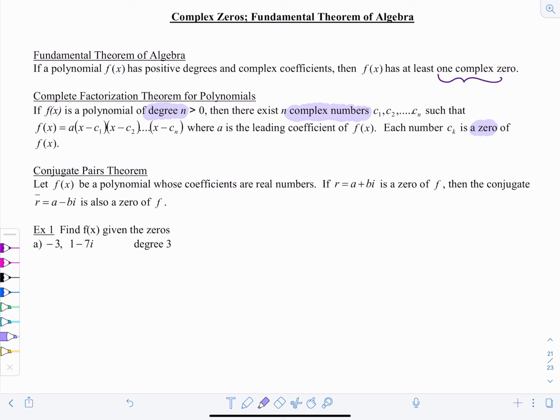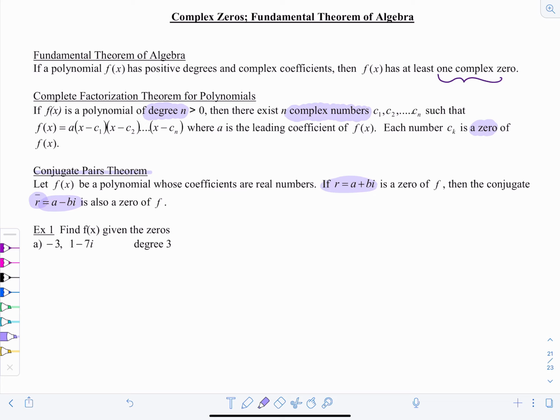And lastly, the conjugate pairs theorem, which I touched on a little bit in the previous video when we were looking at Descartes' rule of signs. Basically, if f of x is a polynomial and you know that you have this complex root or zero, a plus bi, then also its complex conjugate, which we write as r with a little bar on top, a minus bi, is also a zero of f.